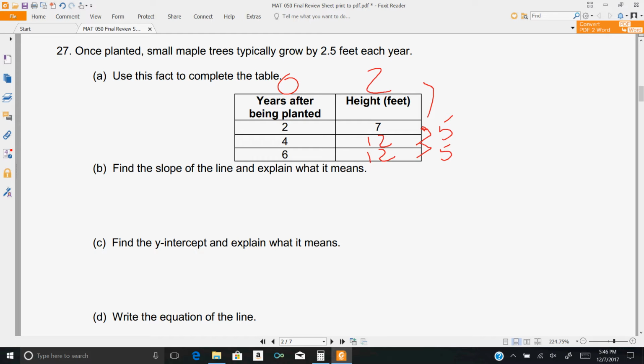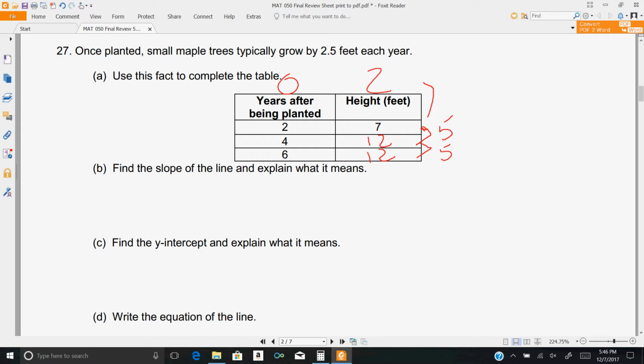So years is x, height is feet. What I need to know to find slope is how many feet it grows in 1 year. So if x changes by 1, how much does y change by?